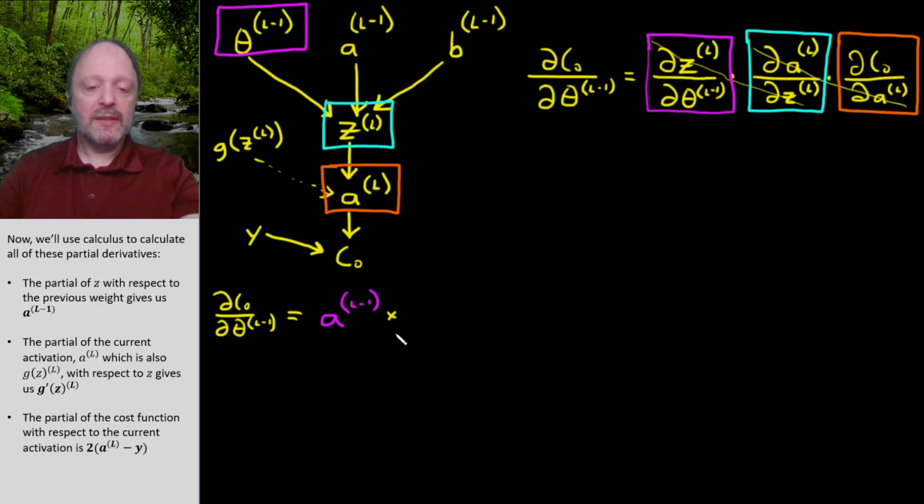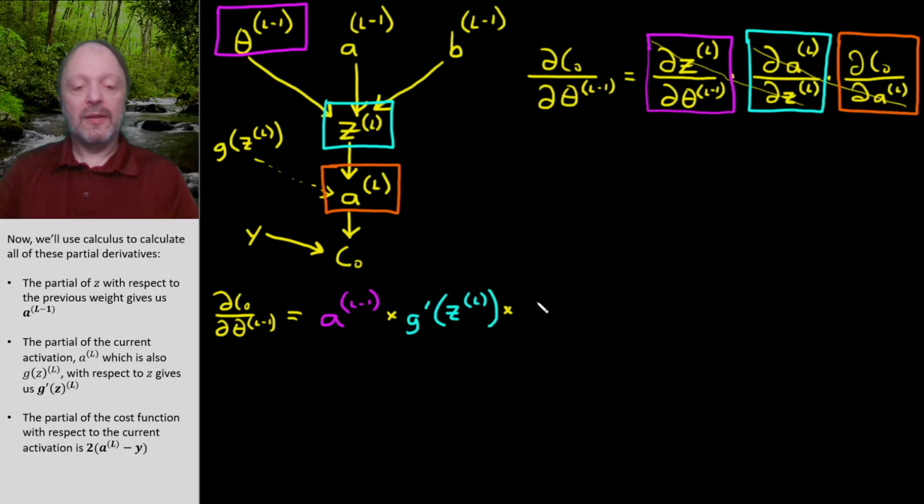the next piece, that value, which is G prime of Z L, and then that is multiplied by the last one that we found, which is 2 times (AL minus Y).